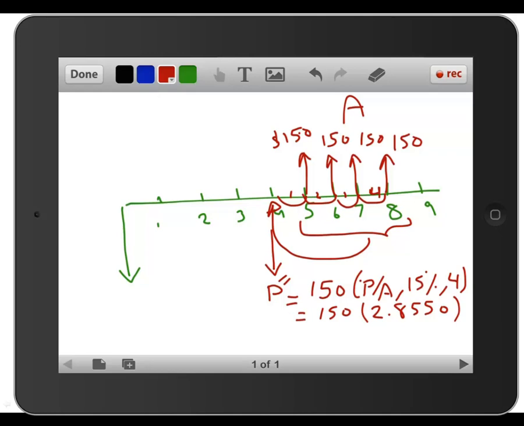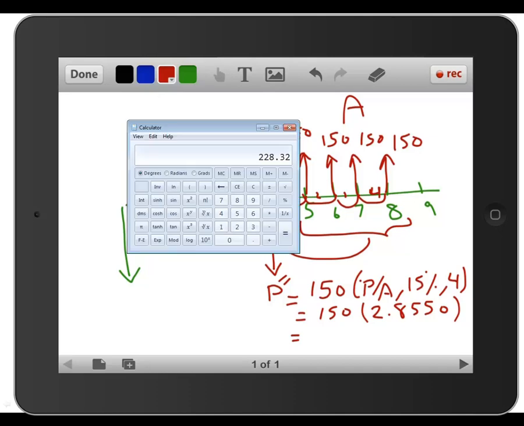We multiply that by 150, 150 times 2.8550, and that will equal 428.25.